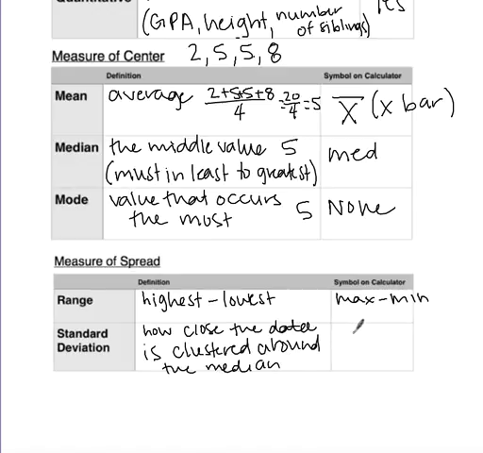And there are actually 2 symbols for standard deviation on our calculator. There's one that kind of looks like a cursive O, which we call sigma. And there's one that's just an S with a little X at the bottom.